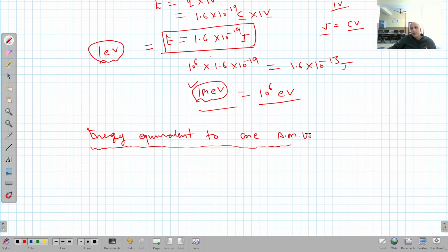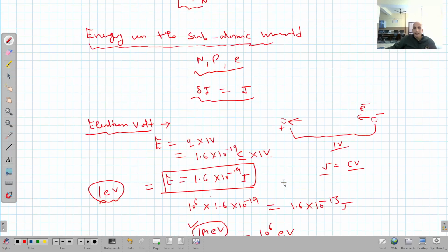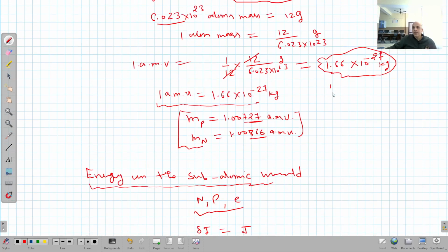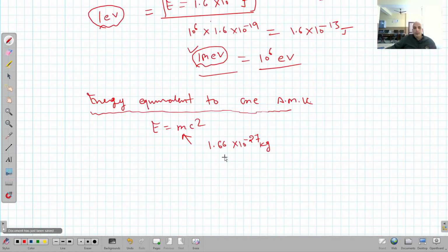So how can we calculate? We can calculate this energy simply by utilizing the Einstein mass energy relation, E is equal to mc square. Now what is the value of m here? m is equal to 1.66 into 10 raised to power minus 27 kilogram. We have calculated it here, right? So I am going to put this value here.